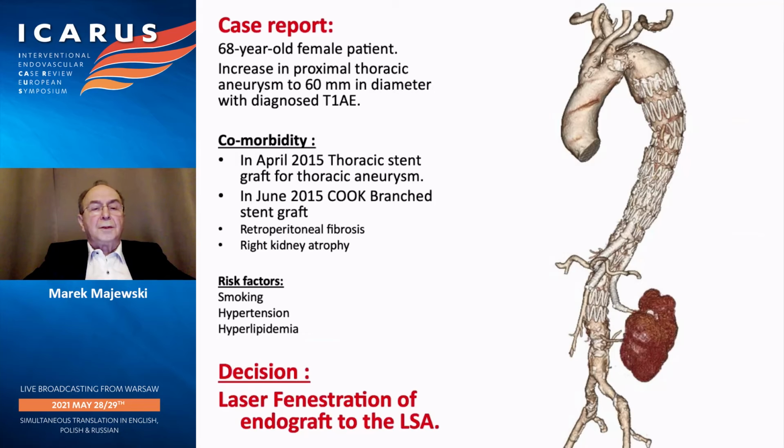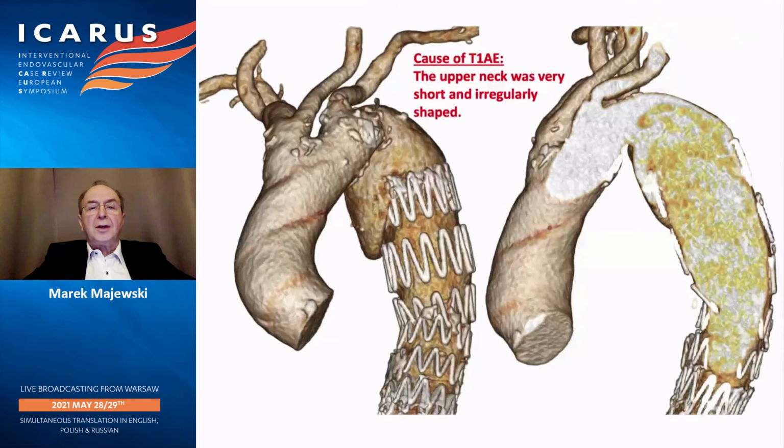In June 2015, Cook branched stent graft. Our decision: laser fenestration of the endograft to the LSA. Cause of type 1 endoleak: the upper neck was very short and irregularly shaped.